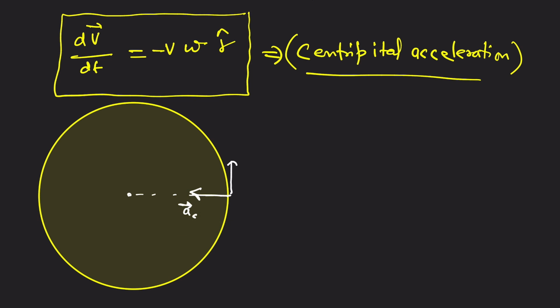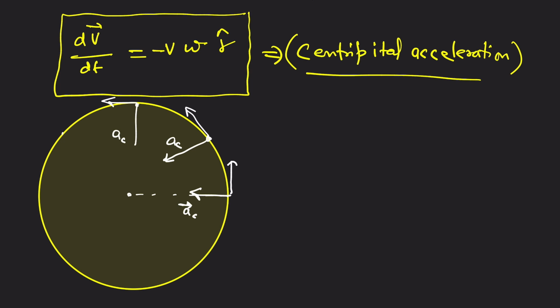It means this force is not changing the speed. If it is not changing the speed, it is only doing one thing: it is helping the particle to change its direction.